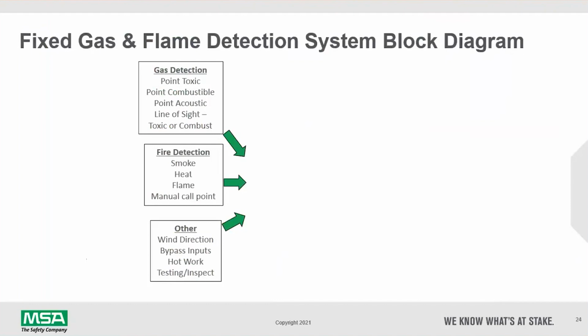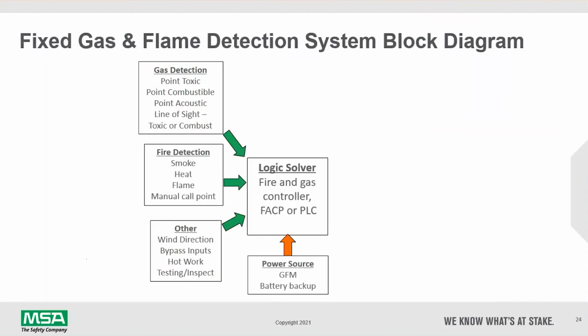Other inputs on modern systems will be for outdoor applications, wind direction can be very valuable, and also bypass inputs. In the event you've got technicians in an area doing hot work, testing or inspection, that way the system will know that we've got people in the facility, again, doing hot work, and detection devices might be bypassed temporarily. These input signals are routed to a logic solver.